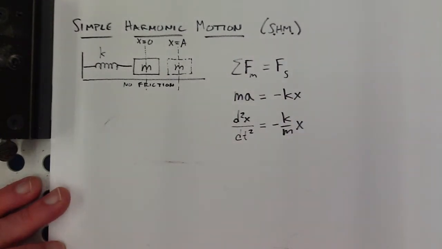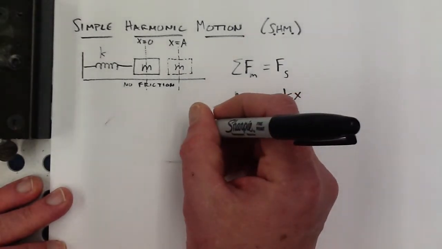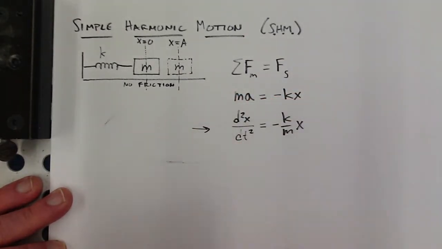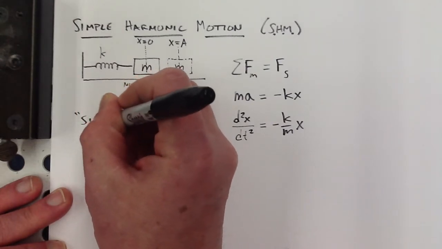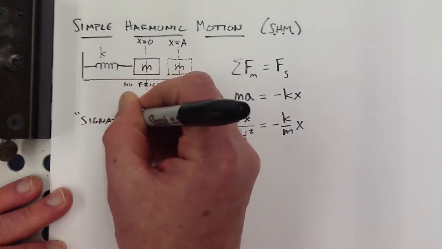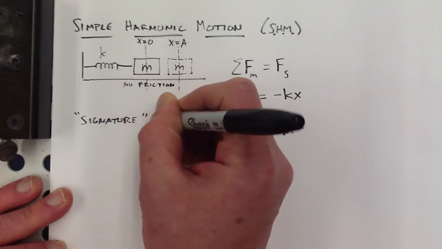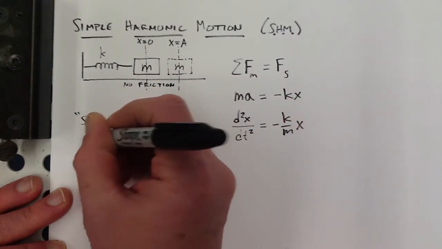Like that. And this is sometimes called the signature of simple harmonic motion.